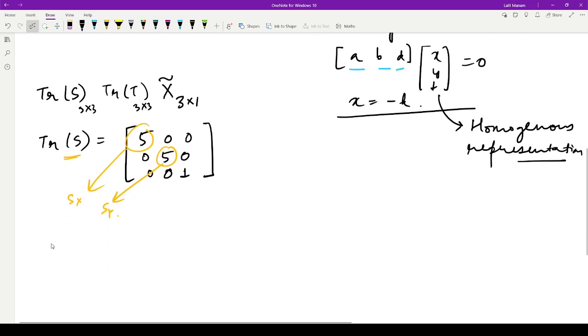Maybe I'll write x tilde transformed, which is T_R, S, T_T into x tilde.